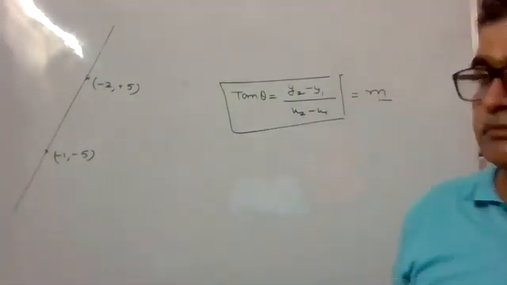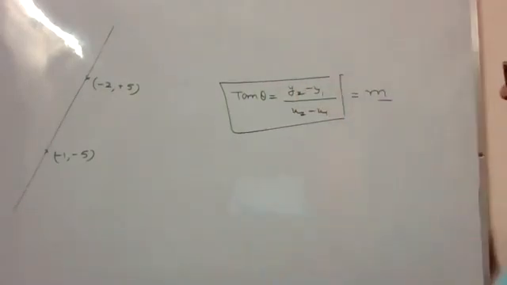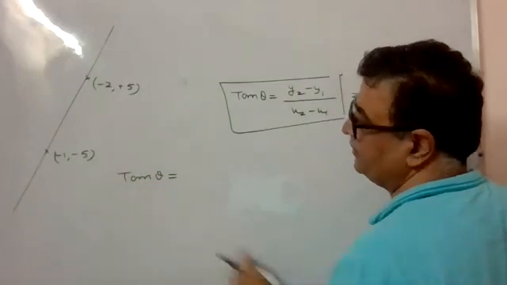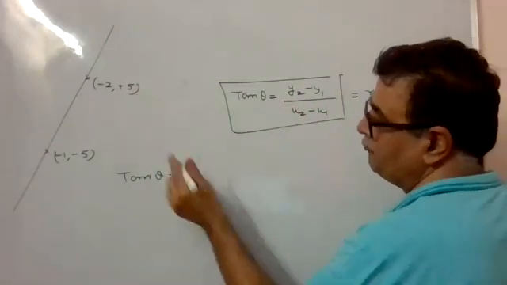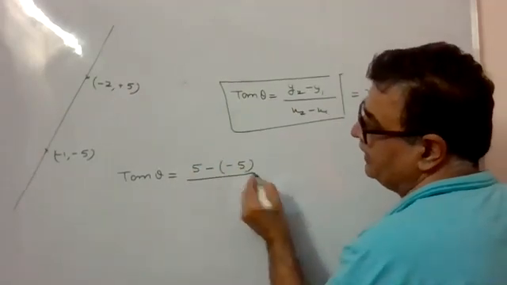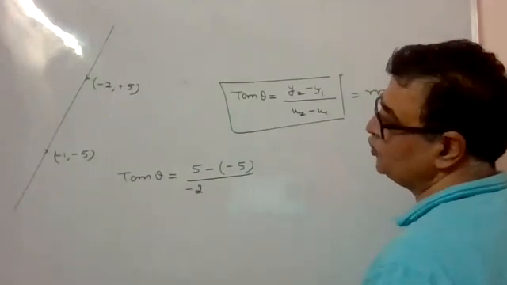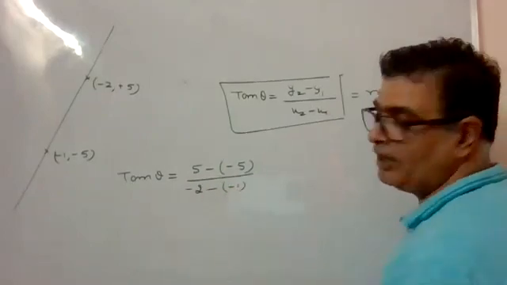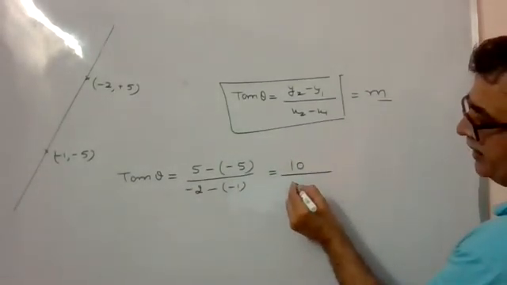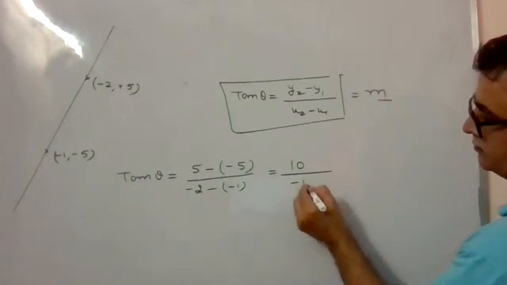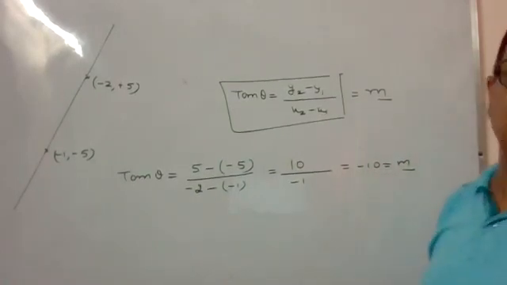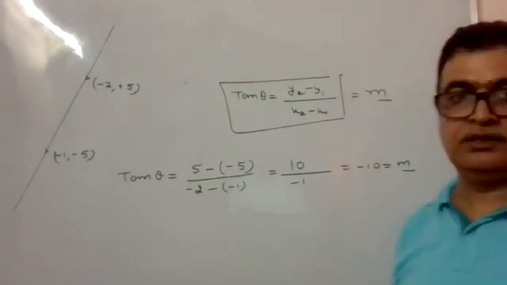Sir, how much? Minus 10. Okay, tan theta: y2 is 5 minus y1 which is minus 5, by minus 2 minus minus 1. The numerator comes to 10. The denominator will be minus 1 only. So the slope of the line will be minus 10.